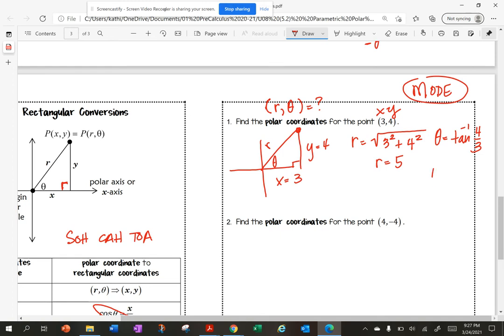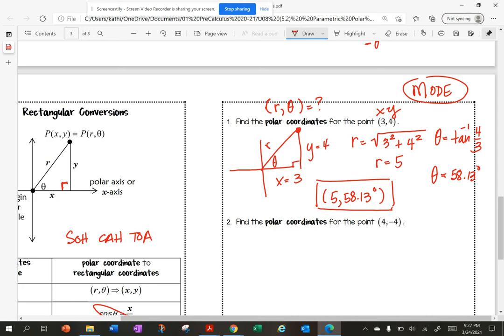I would get theta equals 58.13 degrees. So I would write this as (5, 58.13 degrees) is my (r, θ) coordinates.